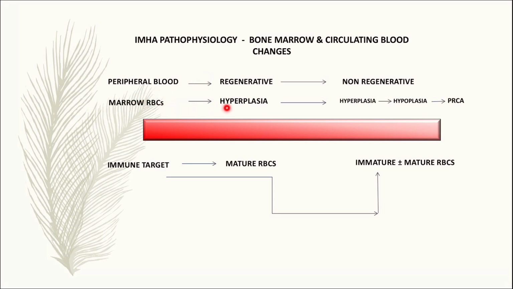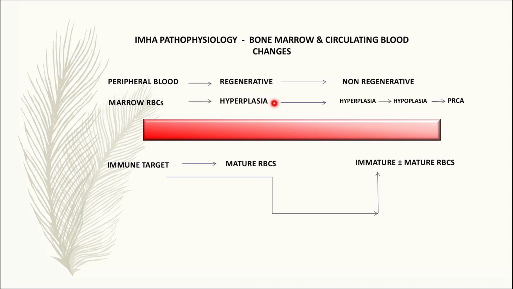So marrow cells are under the influence of erythropoietin, and they are producing more erythrocytes. That's why hyperplasia happens. In bone marrow, you will often see erythroid hyperplasia.